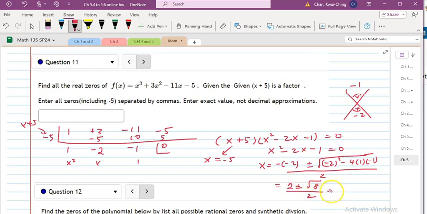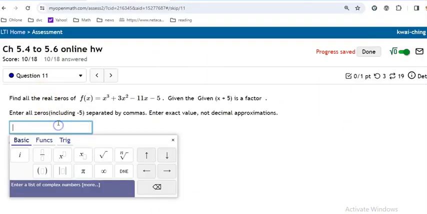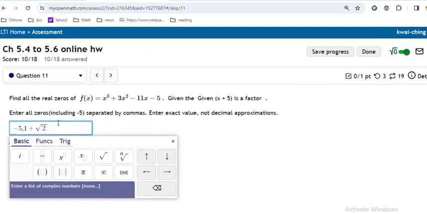Simplify: 2 plus and minus 2 root 2. 8 is 2 root 2, times square root 2, so this is 2 root 2 over 2. Now you can factor the 2 out, cancel all the 2, 1 plus and minus root 2. So I have negative 5, 1 plus root 2, comma, 1 minus root 2.